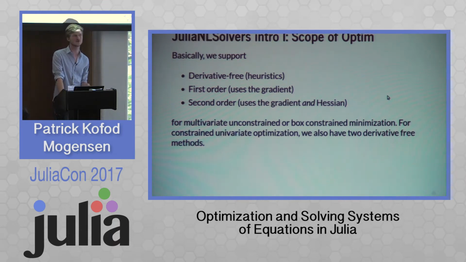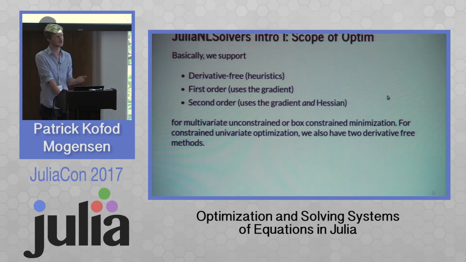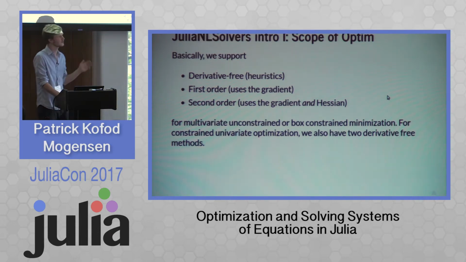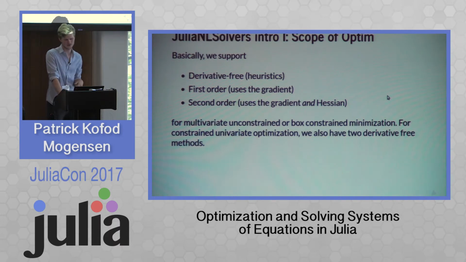Then we have first-order methods that use the gradient to steer you in the direction of the minimum, and then second-order methods that use the gradient and the Hessian to find minimizers and the minimum associated with those. We also have some special methods for the univariate case, where you can provide bounds within which you want to find your minimum, and then it will try to do that. But we'll see that later.